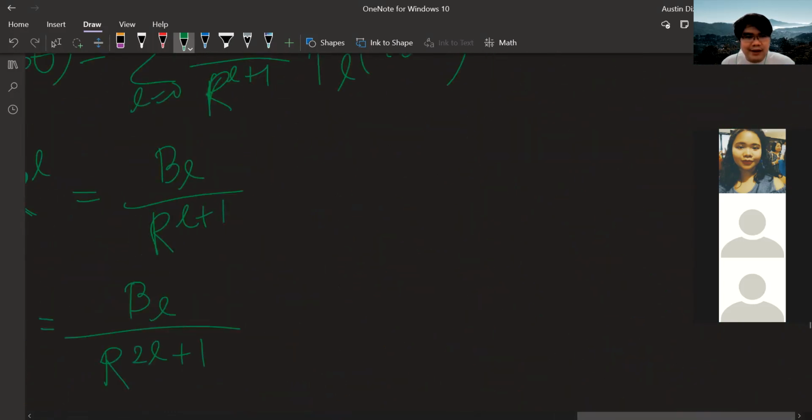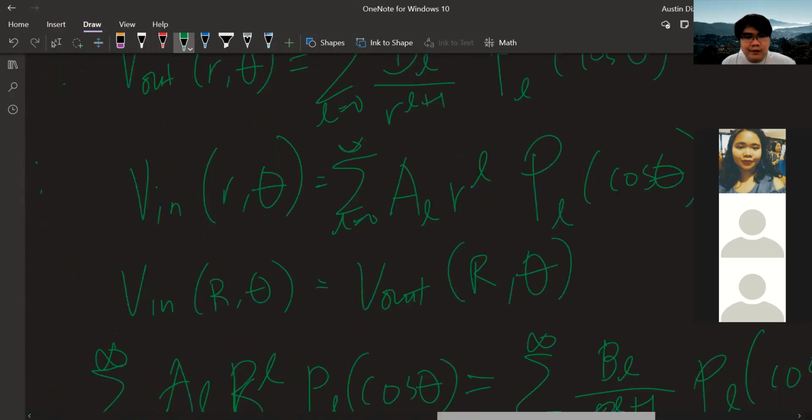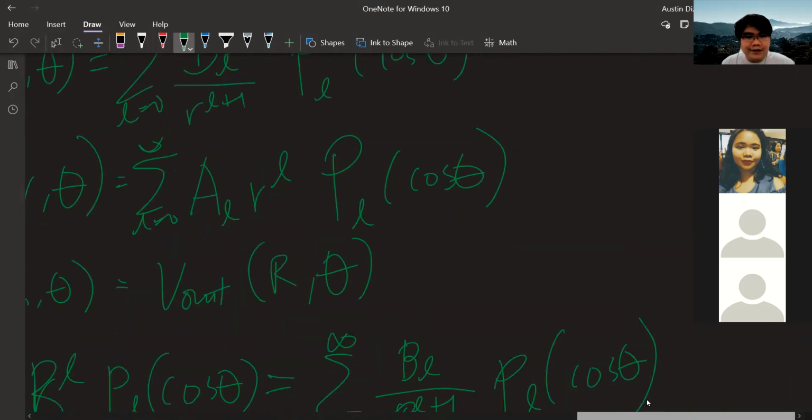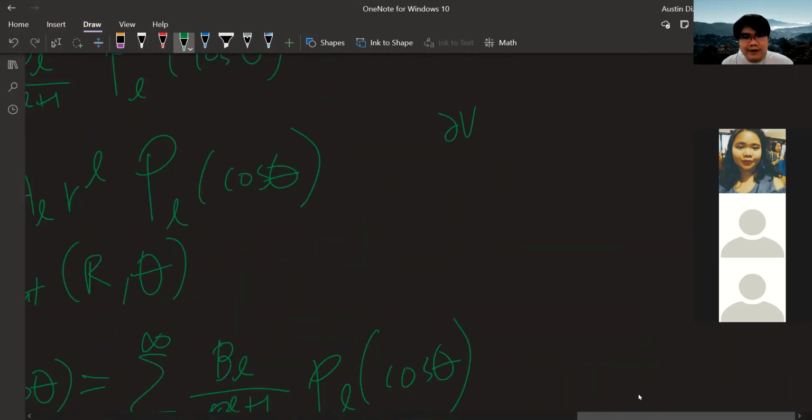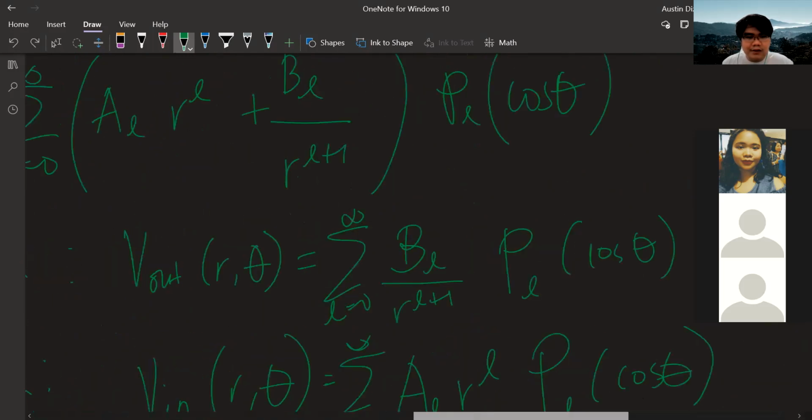Okay, so let's go. Let's do that. Let's do that. So partial of, so let's get the derivative first. Partial of V in with respect to R, tsaka partial of V out. Oops, nasa yung V out? So this is V out.